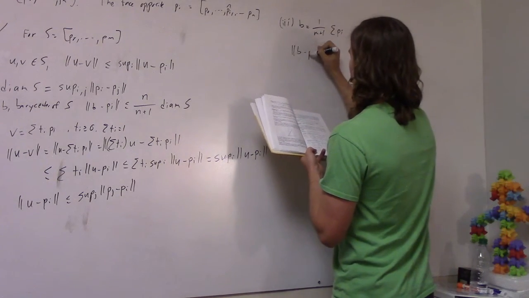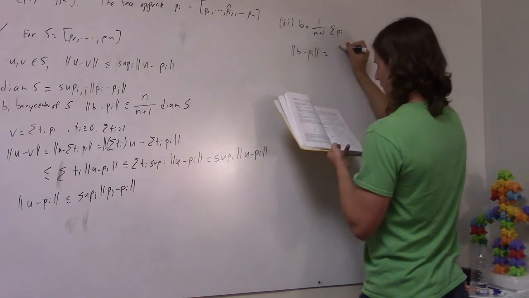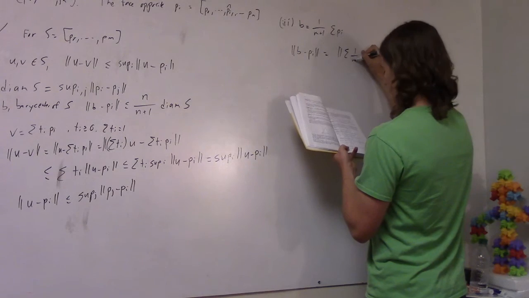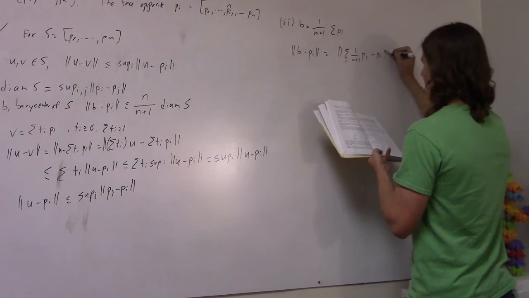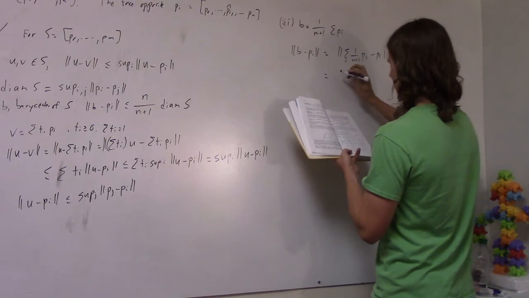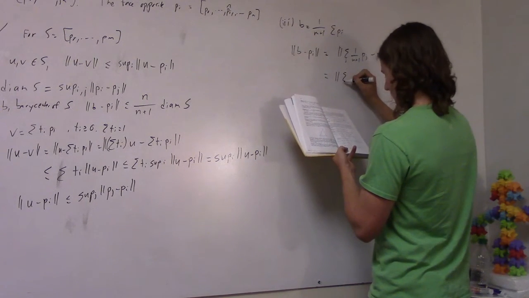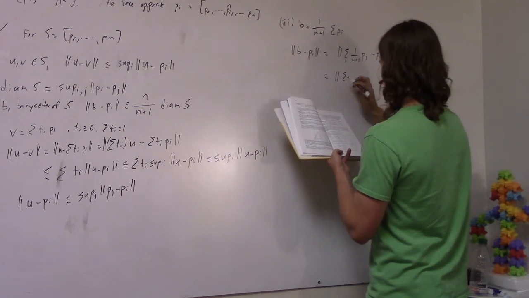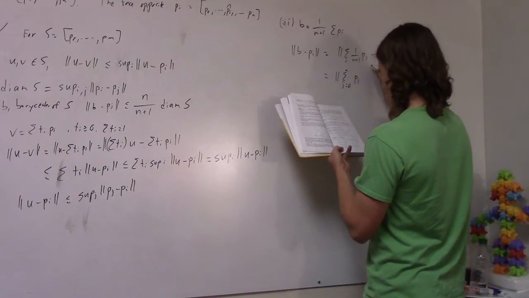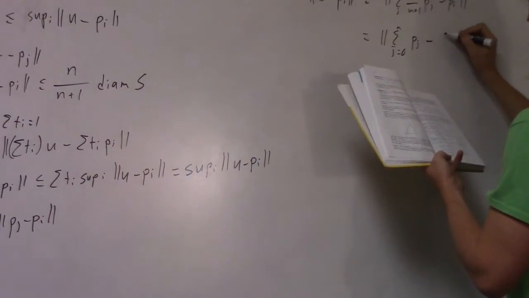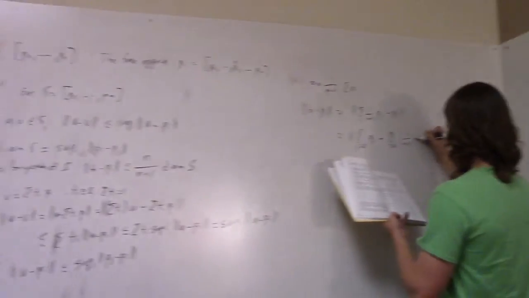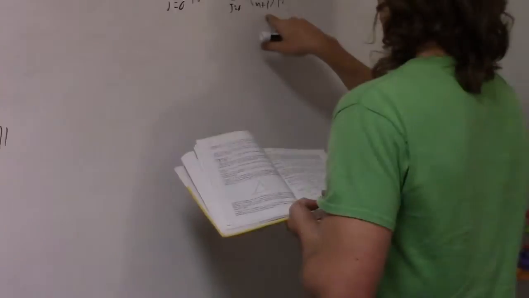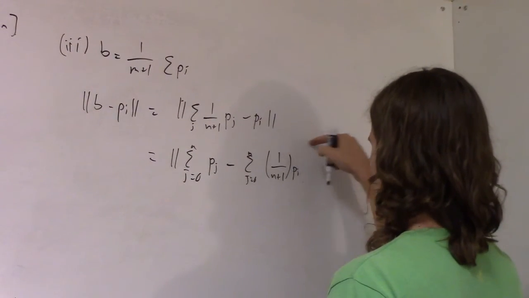Okay, so a reminder of what the barycenter is. B is equal to 1 over n plus 1 times the sum of p_i. So the distance from B to p_i is equal to the distance from the sum of 1 over n plus 1 p_j minus p_i, summing over j, which is equal to the sum over j equals 0 to n of the terms, because the sum of these is actually just going to be equal to 1, n plus 1 times 1 over n plus 1.